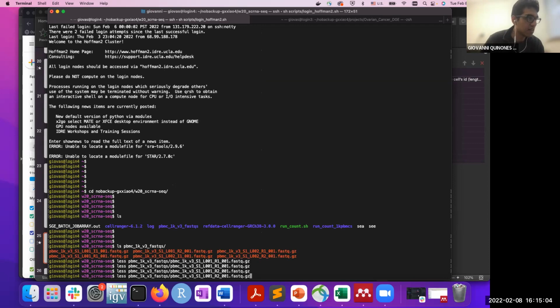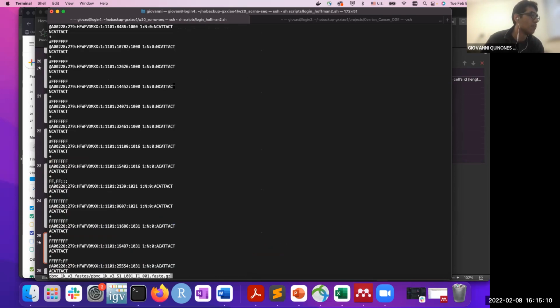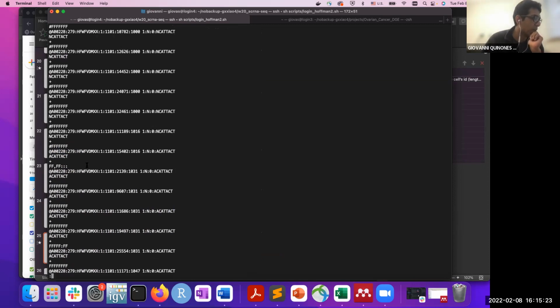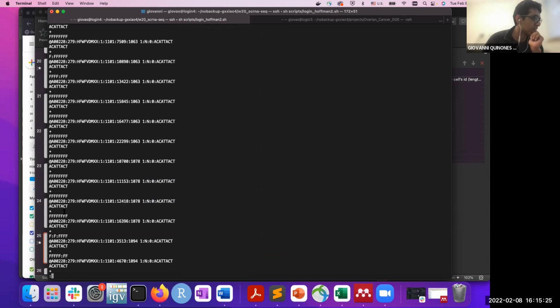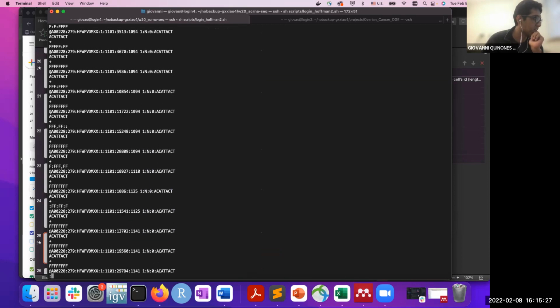And lastly, we have I1, which, like I mentioned, contains only the sample index. It's very short, only 8 bases long, and gives us information about which sample it came from. For this particular data set, I believe they're all the same.